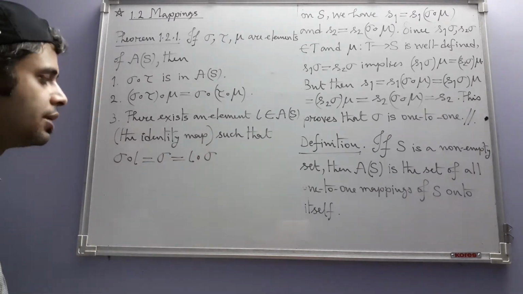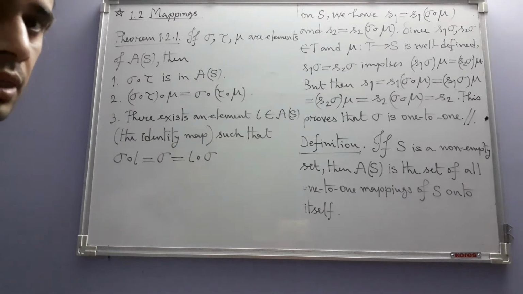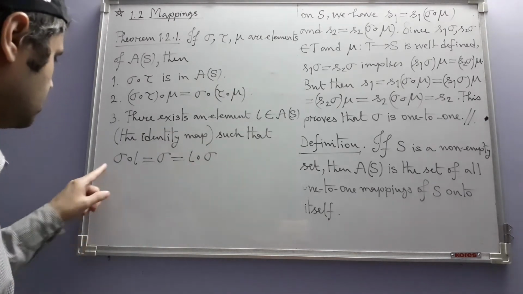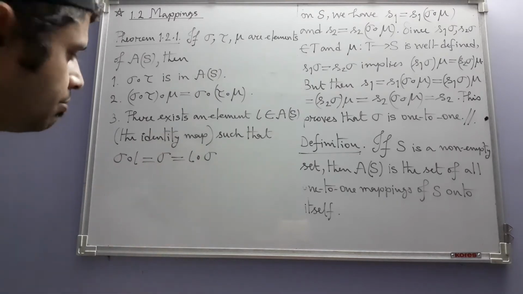Iota does not have any effect on this sigma or on the composition. We start with some element, we get that element back.